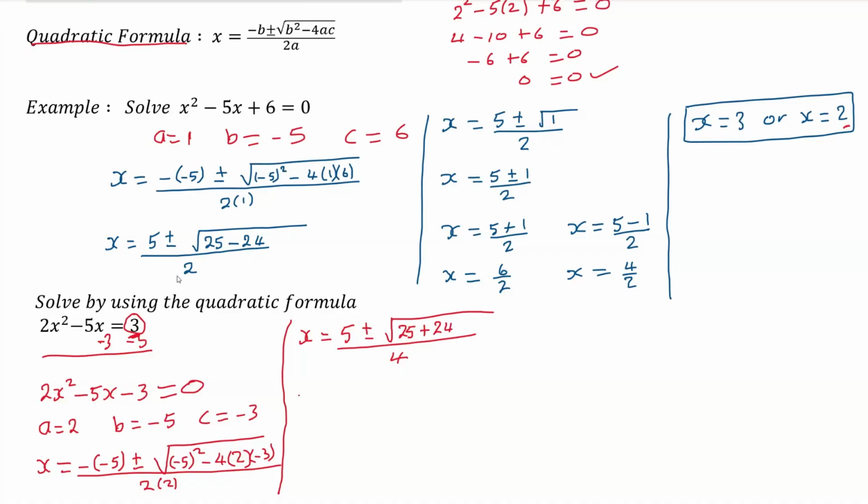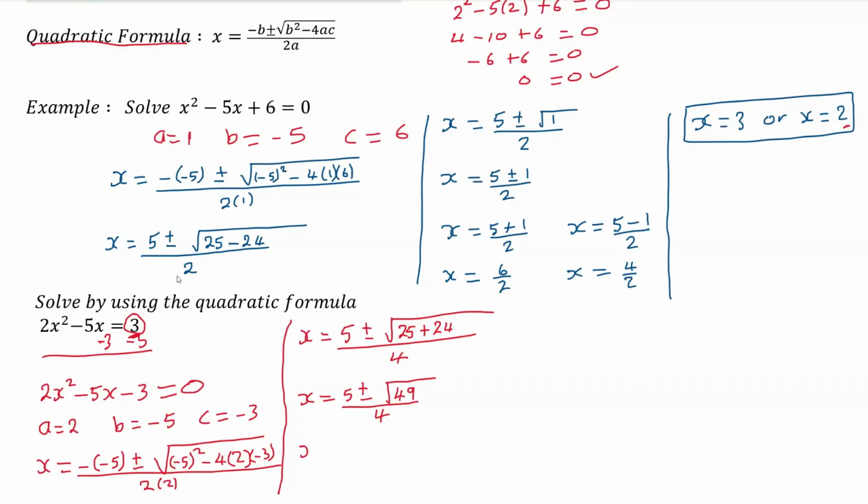So now what we have is X is 5 plus or minus the square root of 49. Okay. All right, so now we know what the square root of 49 is. The square root of 49 is 7.